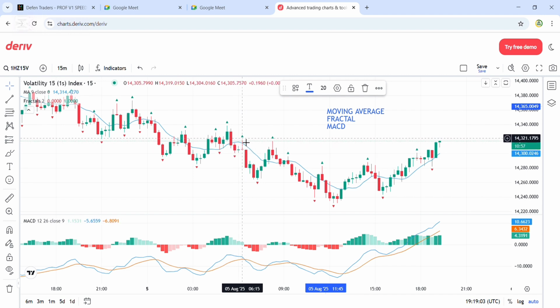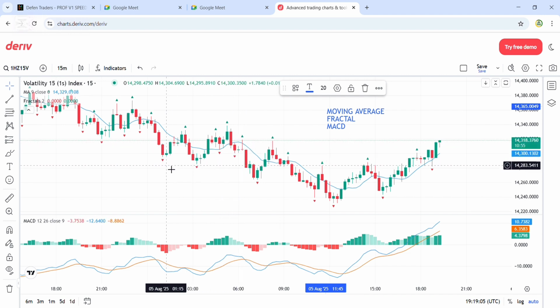Okay, so immediately you also see the red fractal down here. You understand that there is a slowdown of the sellers, okay, and the buyers are taking over. Buyers in the sense, I mean, the rise market. The fall market is slowing down, signified by the red fractal. Then that market will reverse upward for a rise.